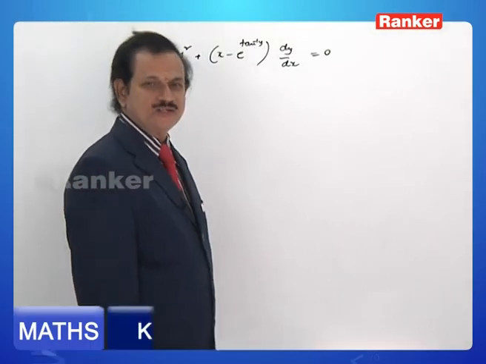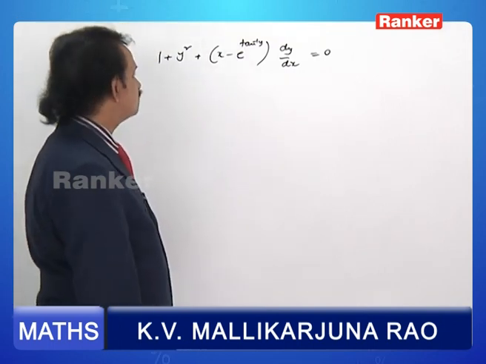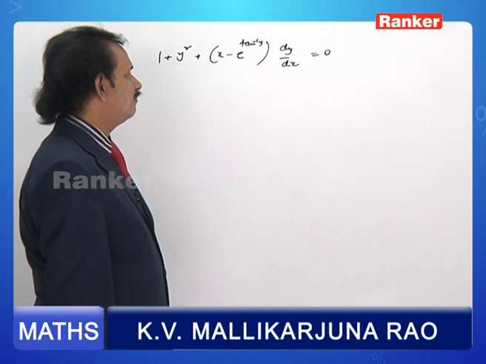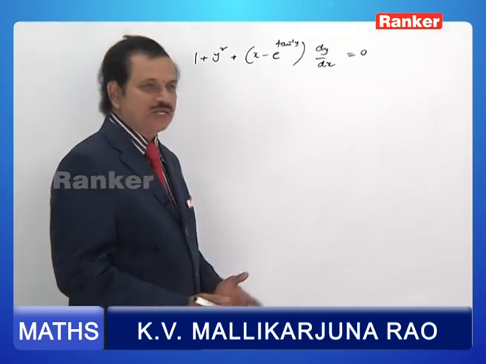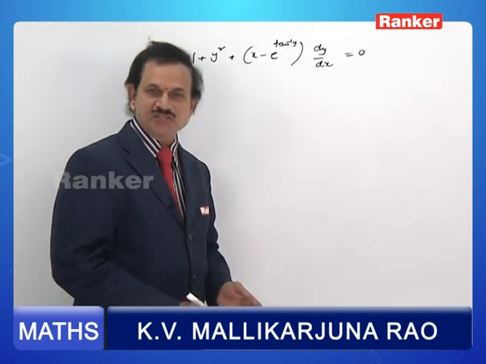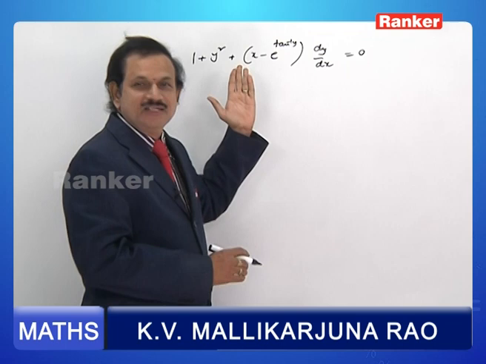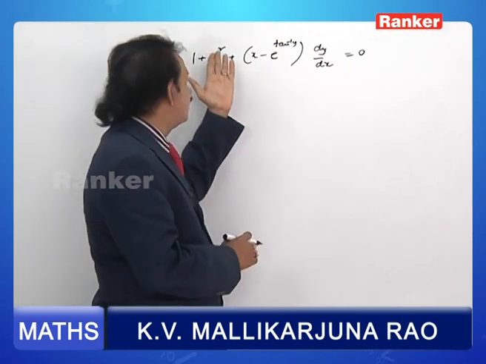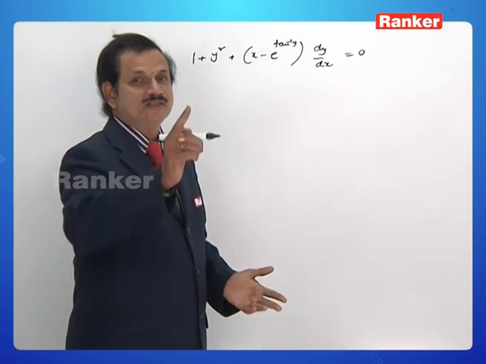The next question is before us. Please read out the question carefully. 1 plus y square plus x minus e power tan inverse y into dy by dx is equal to 0. Come on, friends. You observe the nature of the equation. Y is not linear here. It is existing with an exponent 2. You see, y square is able to be seen.